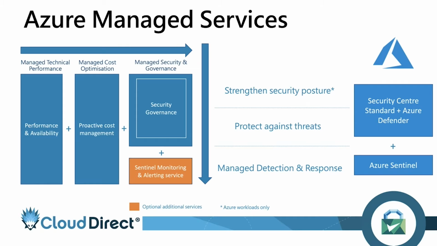We have a Discover offering, helping you to discover the benefits of Sentinel in a controlled way with Cloud Direct. We also deploy Sentinel for our customers, but in terms of the managed services, we have a monitoring and alerting service that really feeds into the themes of Sentinel as a cloud-based SIEM solution, where we're looking to help you filter down the masses of security data and threat intelligence that Sentinel will produce across your environments, by essentially acting as an escalation filter for you.